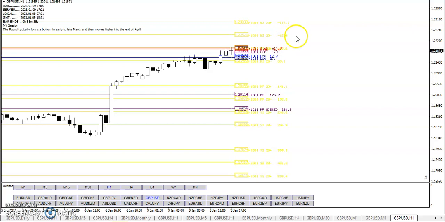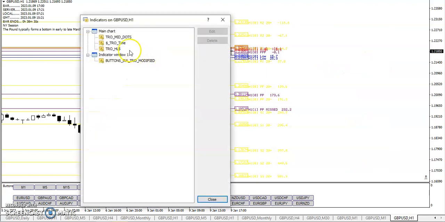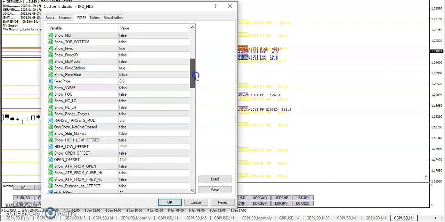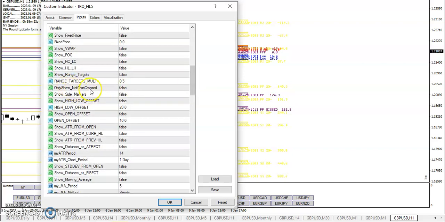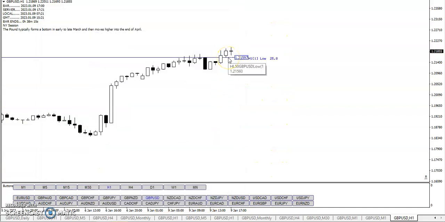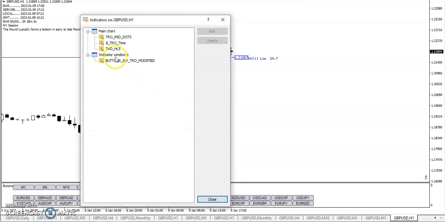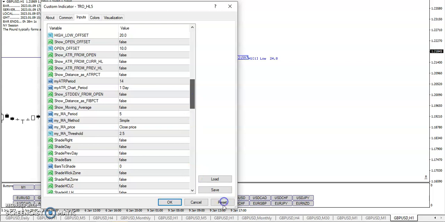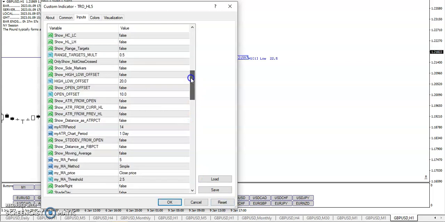And then you can see the pivot gridiron. One of the things you can say, only show not crisscrossed. So if price is crisscrossed those levels, they don't show. So right now, this is the price that hasn't been crisscrossed. And let's just reset that again.